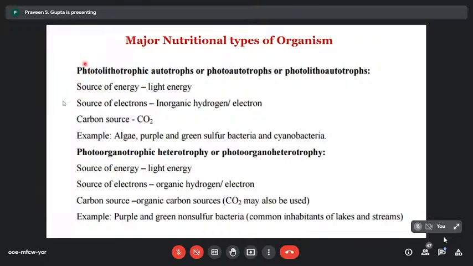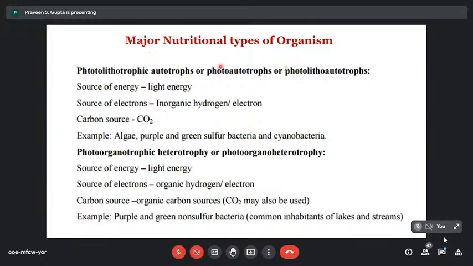Some bacteria utilize light as an energy source, so it is called photo. If the source of electrons is inorganic, that is litho, and the carbon source is CO2, that is auto. So photo, litho, auto: photolithoautotrophs, also known as photoautotrophs.